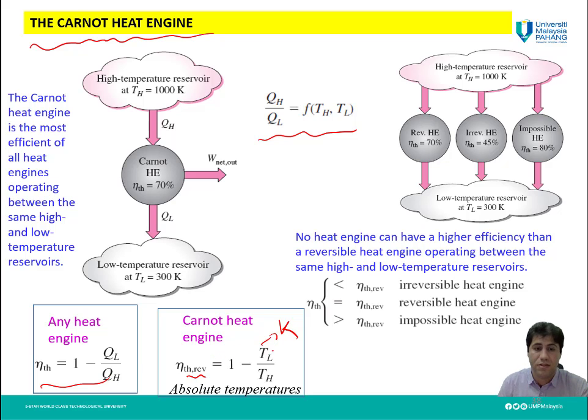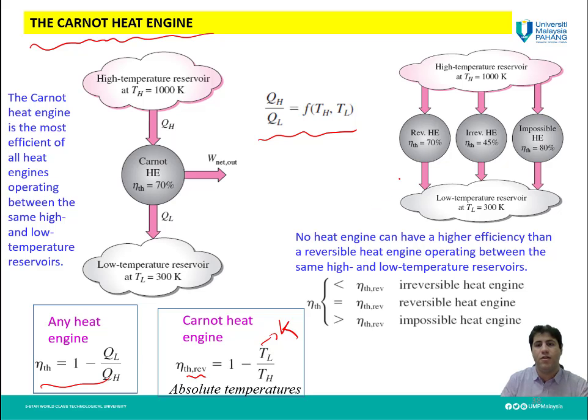And generally, we cannot have a heat engine with higher thermal efficiency than the thermal efficiency of a Carnot heat engine, which works between the same temperatures as the other heat engine.